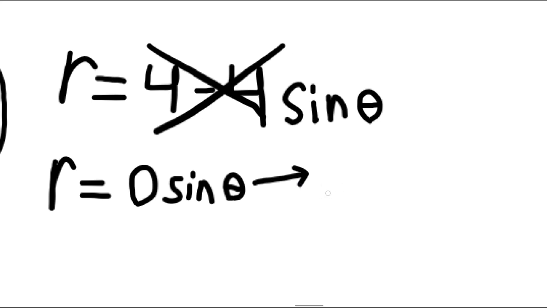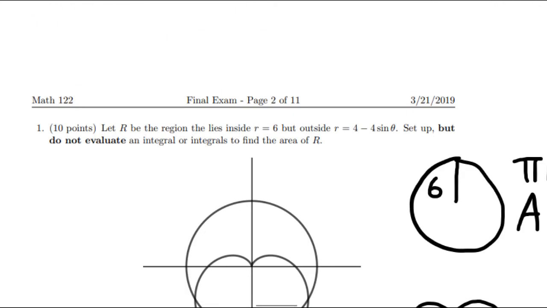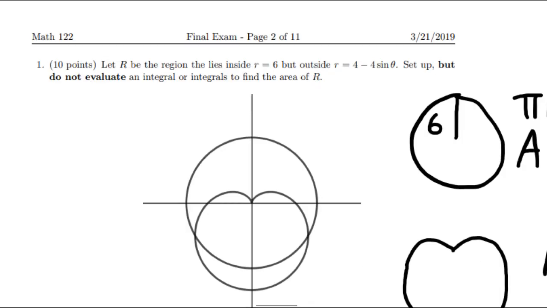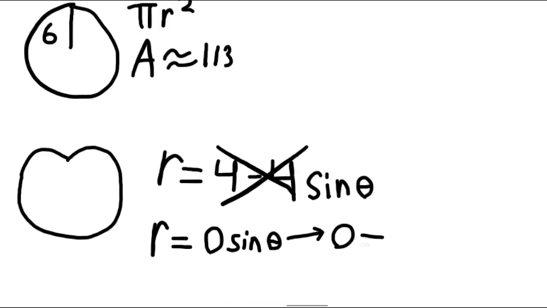Theta seems to consist in this problem of a circle and a line. The rule of 2 states, though, that we cannot have 2 things, rather we need 3 things. So if we go back to the top and read the question, we'll see: do not evaluate an integral or integrals. Let's just focus on the one integral part. We would do more, but there's only one odd shape in here, so that's why it's a singular integral. So just plug that in.